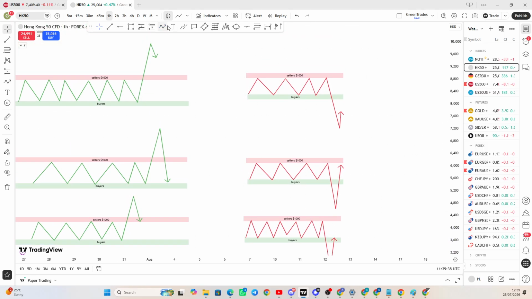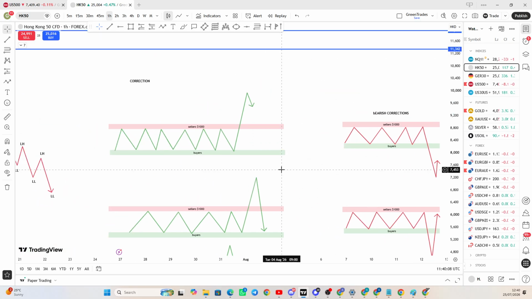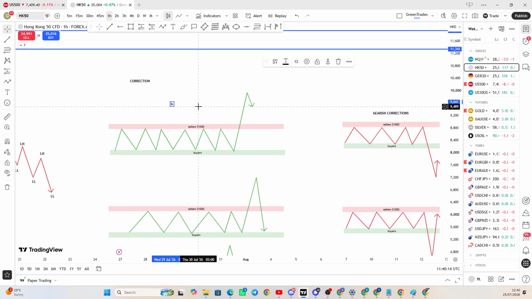So when it comes to bearish corrections, these are... that's an example of a bearish correction, and then these are examples of bullish corrections.